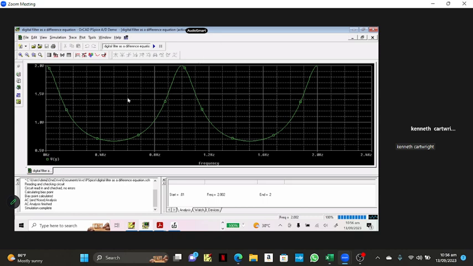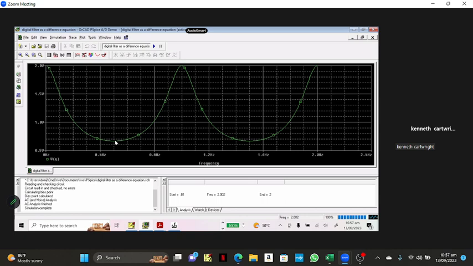So if our delay is 1 second, our sampling frequency is 1 hertz. So our highest frequency is 0.5 hertz. And then it keeps repeating itself after that. So the only unique space is between 0 and 0.5 hertz. And so that's where we operate, between 0 and 0.5 hertz.